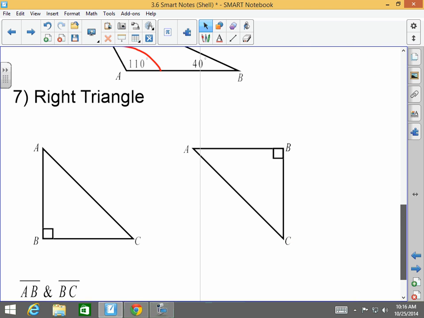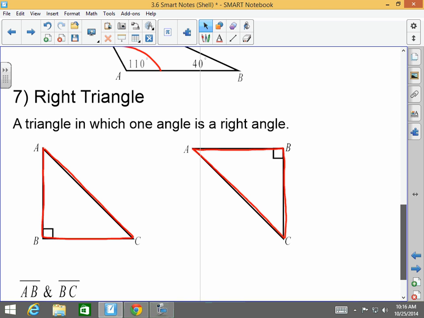A right triangle. It doesn't matter if it's straight up like this ABC, or if it is inverted here like this ABC. A right triangle is simply a triangle in which one angle is a right angle.